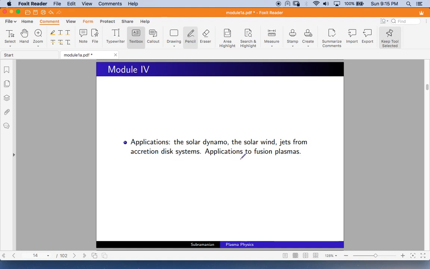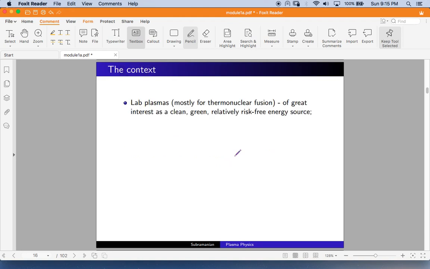And I will also try to say something about applications to fusion plasmas, or more correctly, applications to fusion plasmas that are produced in the lab. Okay, so that was the lay of the land, so to speak.